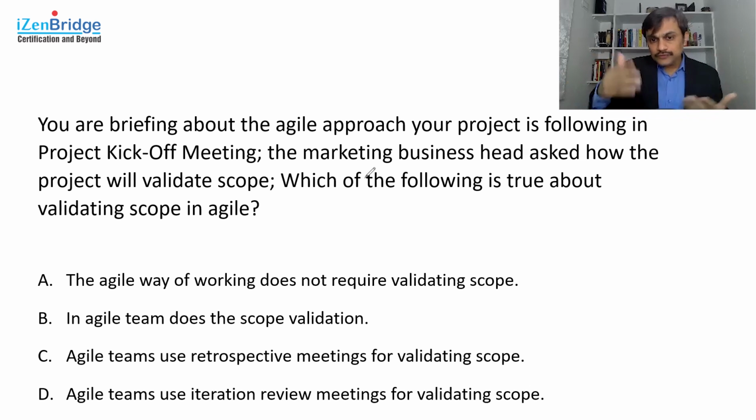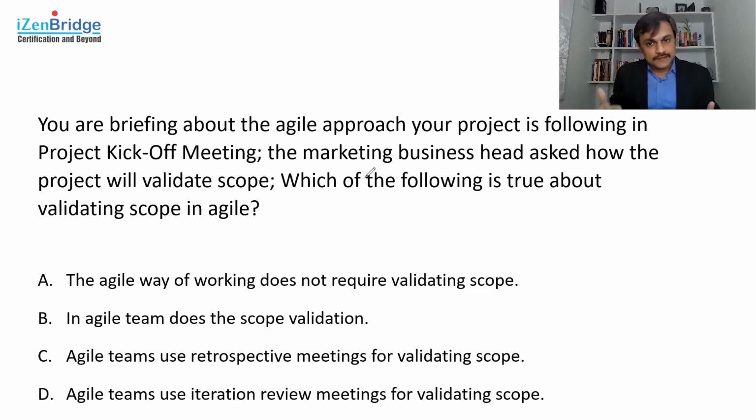So out of the available options, we can pick option D, because in the iteration review you are taking the product to the business stakeholders, demonstrating it, and learning about their attitude and their feedback about that particular development. If they like it, they may acknowledge some part of it and accept it for their use.